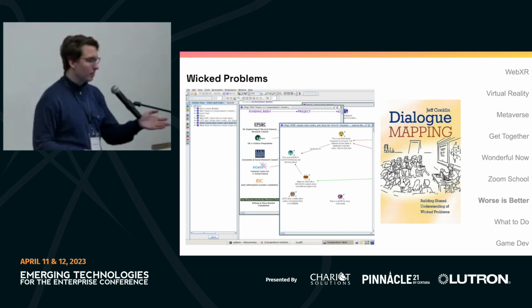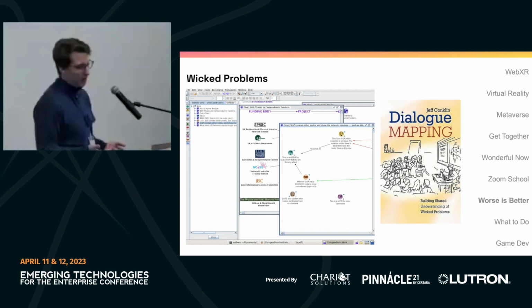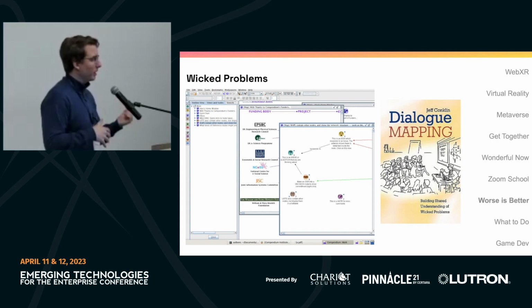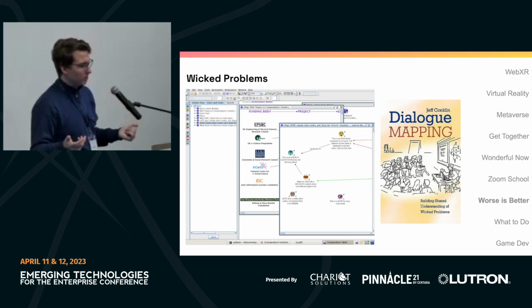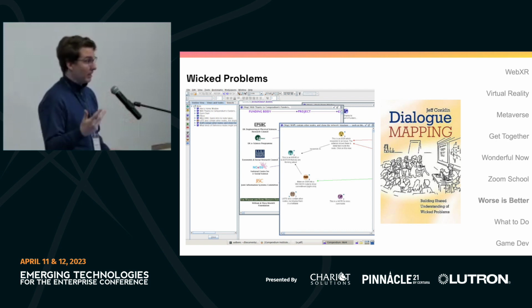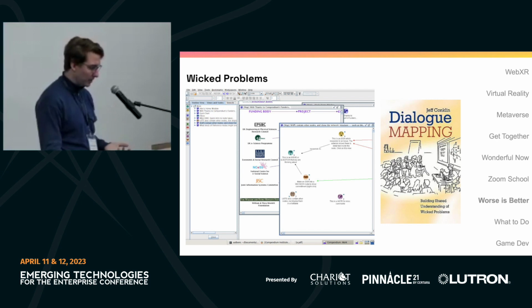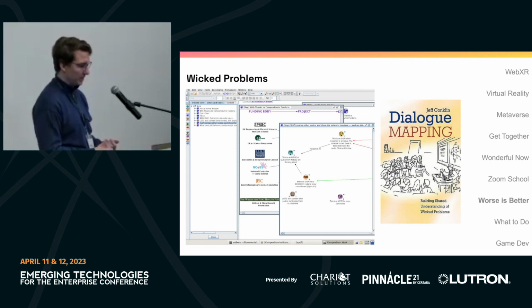And so Compendium and this book, Dialogue Mapping, were both software and social norms for building this dynamic knowledge repository that would solve these problems better. And what they found was, disappointingly for them, and I'm going to read a quote from one of the people building this: "Many of the attendees of our training workshops, despite their initial enthusiasm, fell prey to the same pattern we'd seen in the beginning.